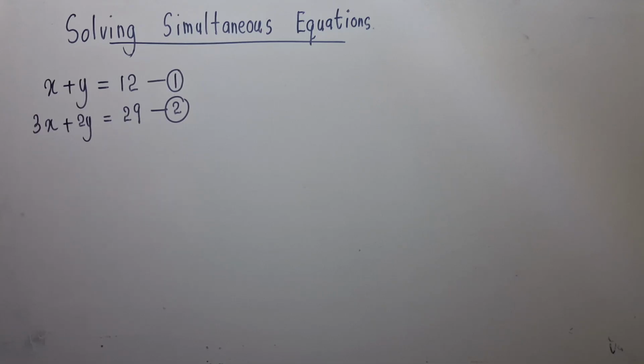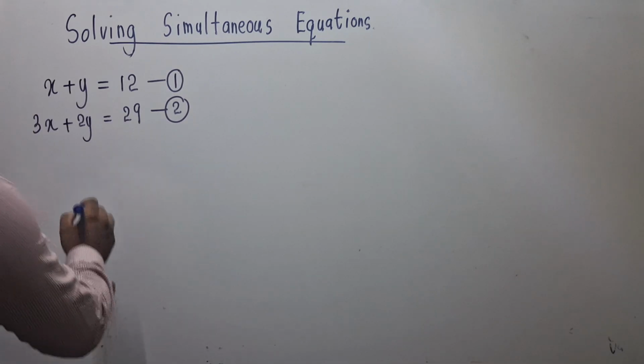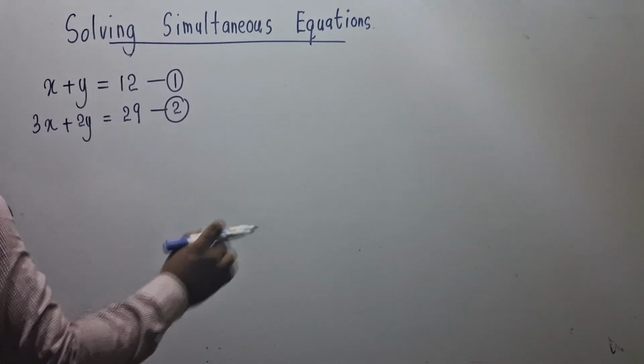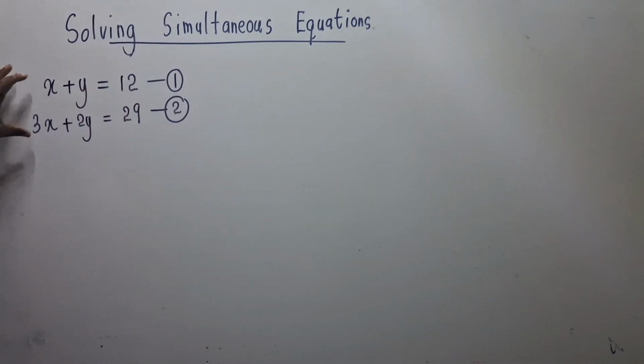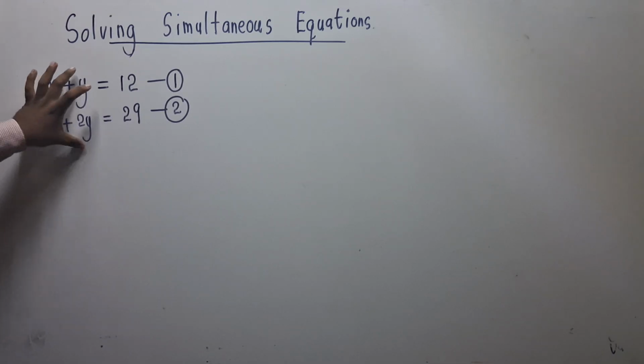First I will teach you how to solve this using the elimination method. To use the elimination method, we have to make coefficients similar. If I multiply the first equation by 3, the x coefficients become similar. Then I can remove x values first and get the y value first.